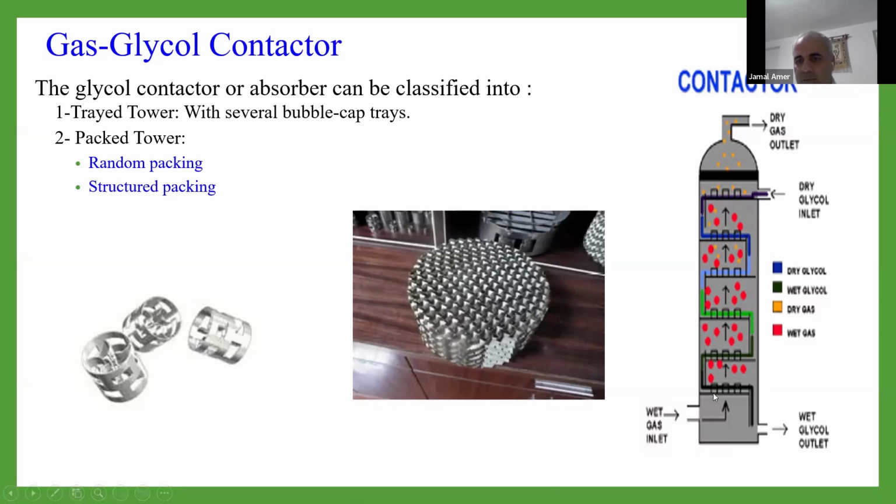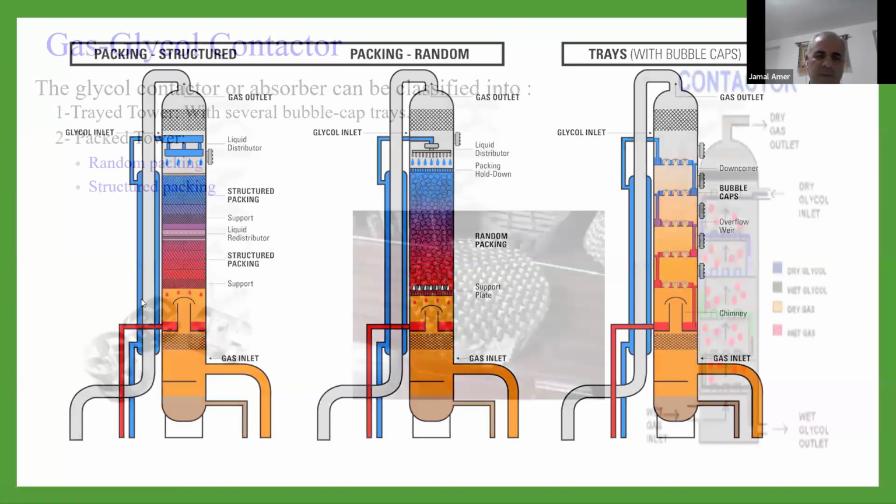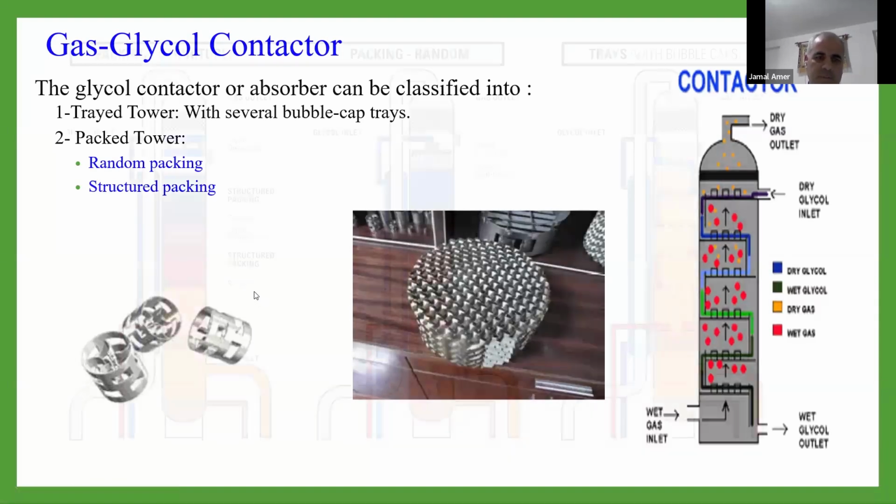Also the operating problems we discuss in our course: foaming, vapor losses, glycol losses, all these things. So we have, as we said, different types of packing structure. This is structured packing. Here we have random packing. Random packing, we just bring this type of packing and put it inside randomly without any ordering, just dump it inside the tower.